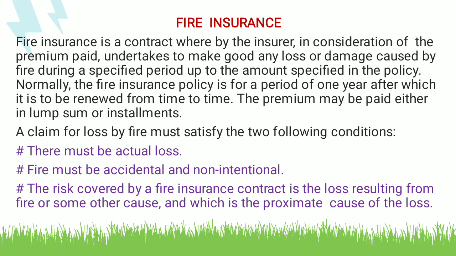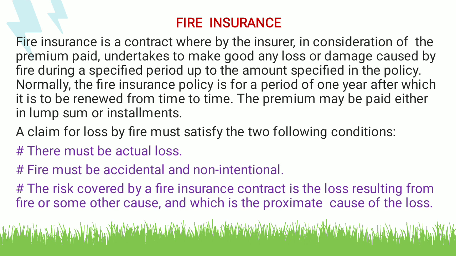Fire must be accidental and non-intentional. The source of fire should be accidental. If we have done something which can increase the chances of fire, in that case we can't claim the compensation amount.